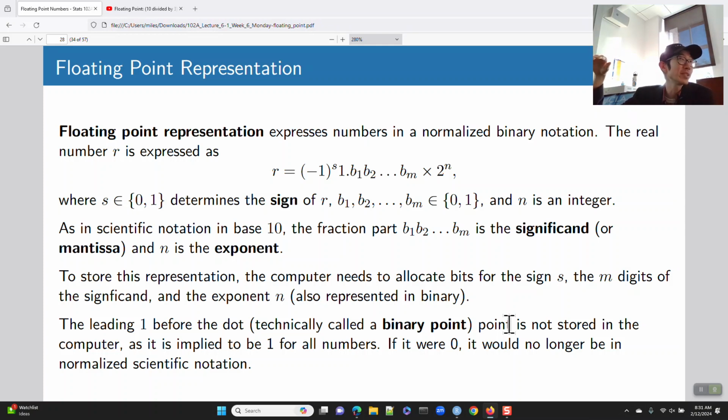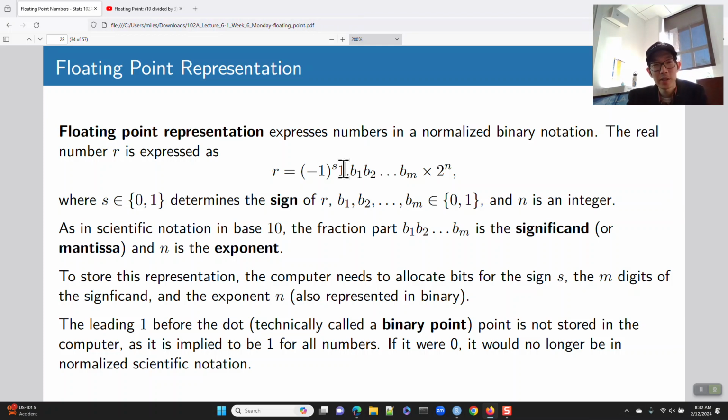It should be something between 1 and 9, like 6.02 times 10 to the 23. Well, in binary, the first digit isn't going to be a 0, so it's going to be a 1. If it's not a 0, it's got to be a 1.